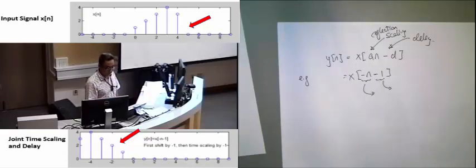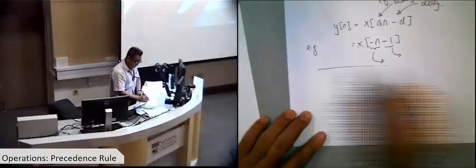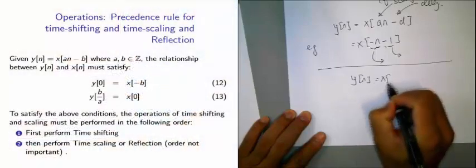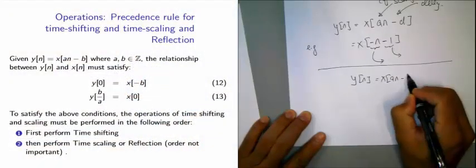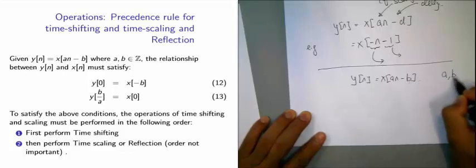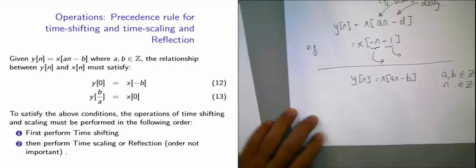To understand what's happening, please observe these two equations. y[n] = x[an - b]. a and b are integers, so is n, because we are in discrete time.